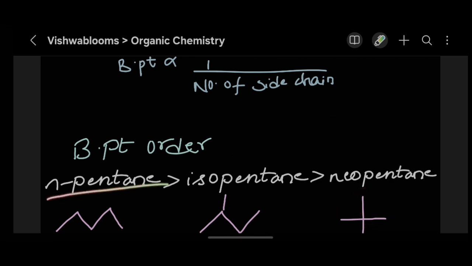In n-pentane there is no side chain branching, whereas in isopentane you can see one side chain, and in neopentane you can see more of them. So as the side chains increase, the boiling point decreases. Here neopentane has the least boiling point, whereas n-pentane has the highest boiling point.